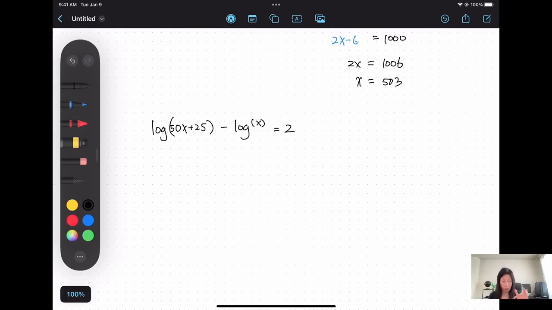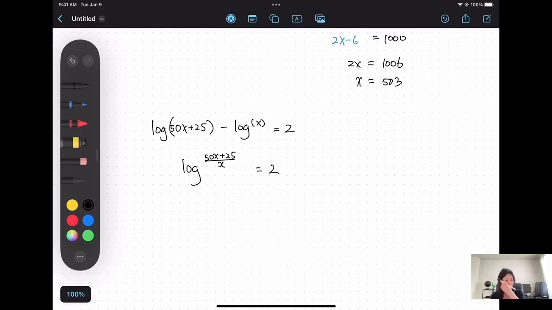So we need to merge these two terms together. By using the difference property of logs, we can rewrite the subtraction as a division. So this is equal to 2.